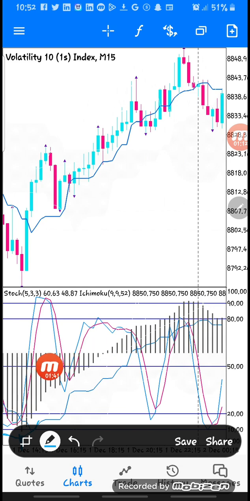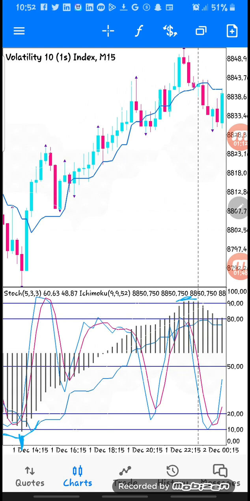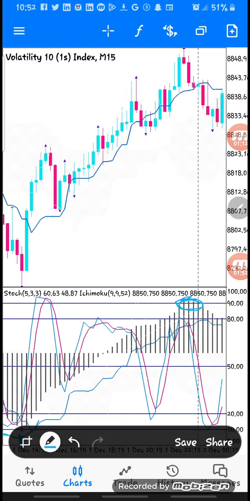And when you see the MACD coming up above around this overbought area, the check there is when you see it close.